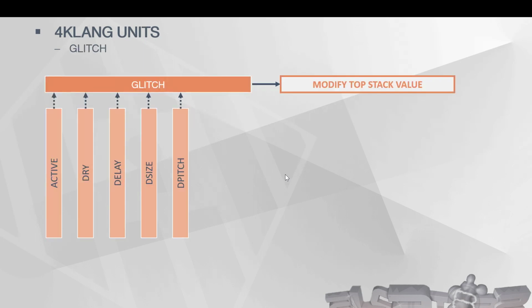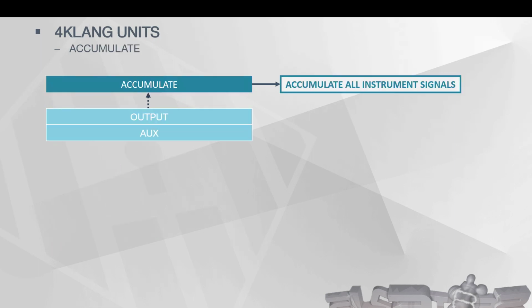Yeah, the glitch unit. That's probably something where we can also make a new stream about, just to explain how it works. Yeah, the accumulate unit. So it's the input. You either select the output or the auxiliary.